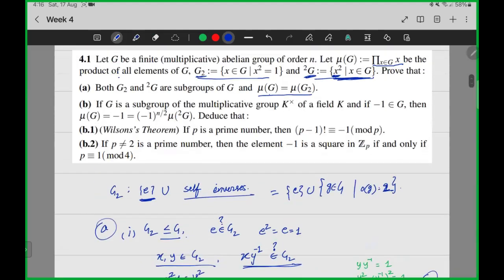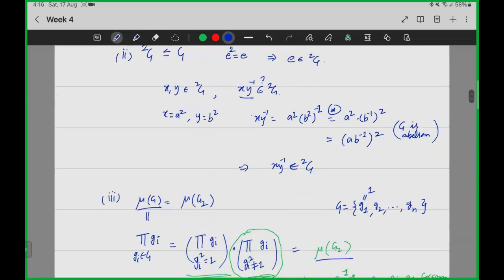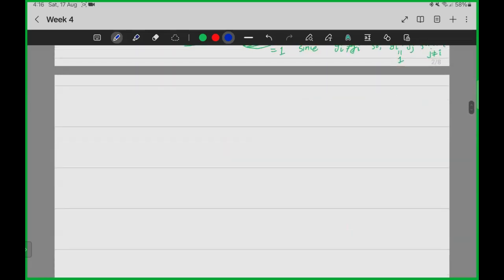Okay, so let's see the next part of the question. If G is a subgroup of the multiplicative group K star of a field K, and if -1 belongs to G, then we have to show mu G is -1. B part: G is a subgroup of K star, where K is a field.